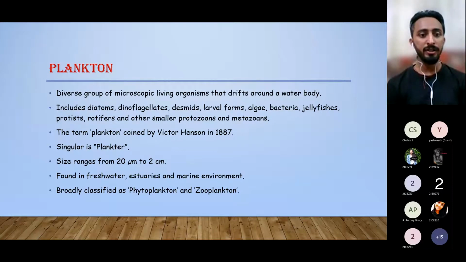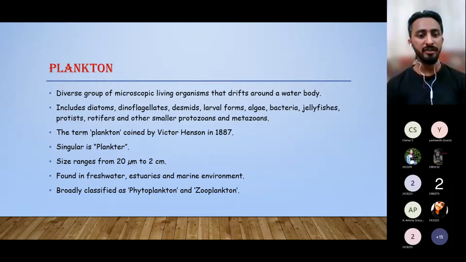Now, the singular term for plankton is plankter, which people don't usually use because it's complicated, as plankton itself is in plural form and refers to a collective group of organisms. The term plankton was coined by Victor Hensen in the year 1887, who was an ecologist who worked on freshwater planktons and other marine planktons as well.